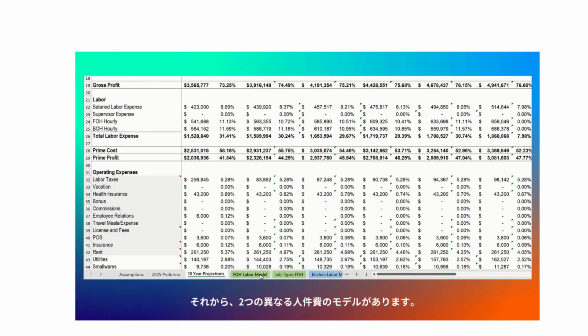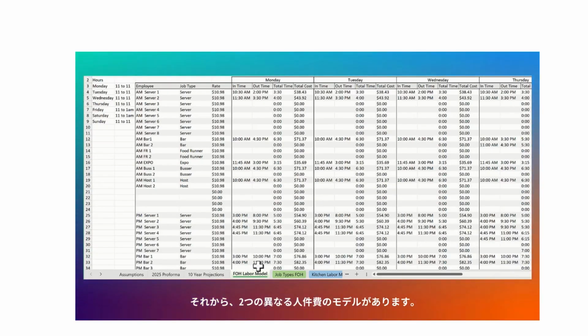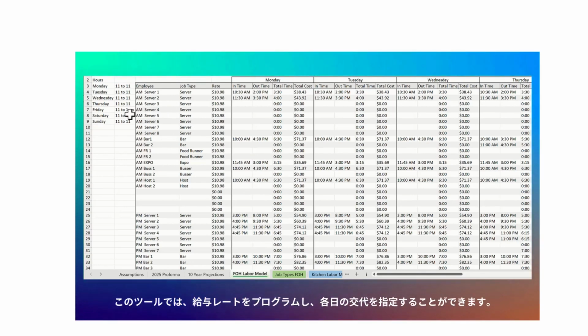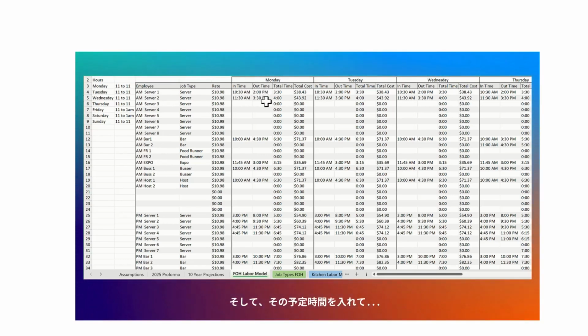Then we have two different labor models. We have our front of the house labor model or our service labor model. In this tool, what we can do is we can actually program in pay rates and then specify the different shifts that we need for each day and then put in those scheduled times.